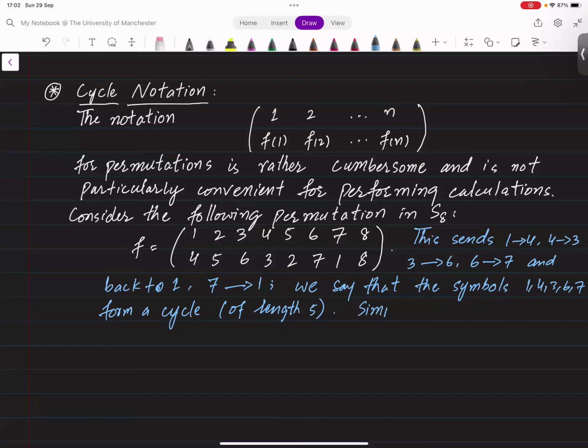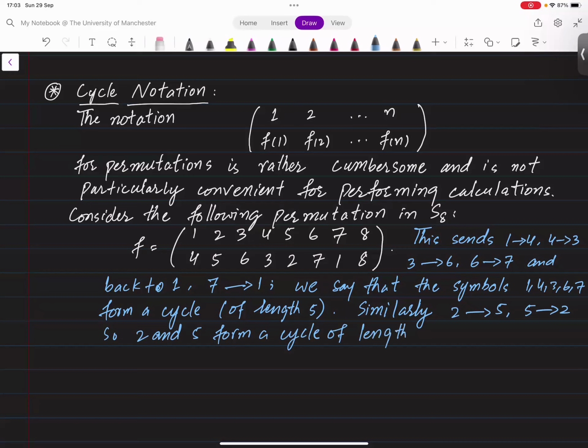Similarly, 2 and 5 form a cycle of length 2 because we send 2 to 5 and 5 to 2.